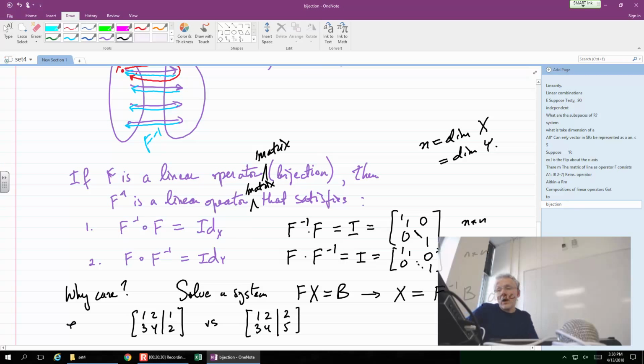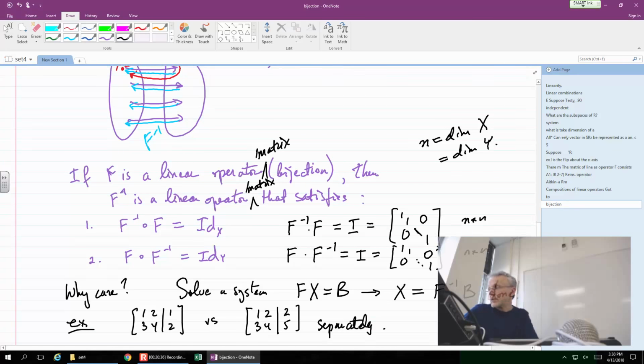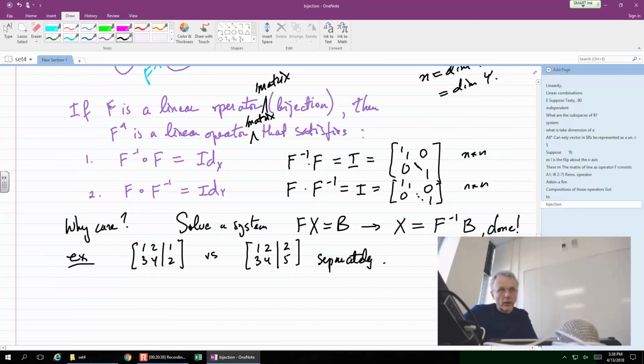So normally, how would you do it? You would solve them separately. This time, if you have the inverse, you don't have to. You find it and then you apply that inverse twice. So if this matrix is F, then the answer would be X is equal to F inverse of 1, 2. Or for the second problem, X is equal to F inverse of 2, 5.